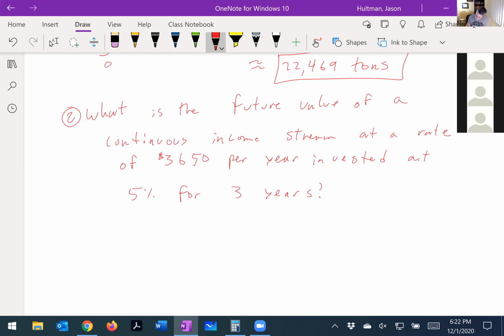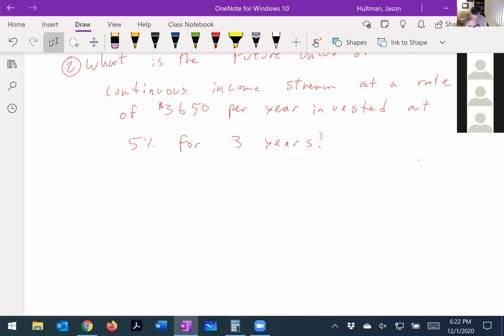Okay, so we have a continuous income stream at a rate of $3,650 per year, invested at 5% for 3 years.